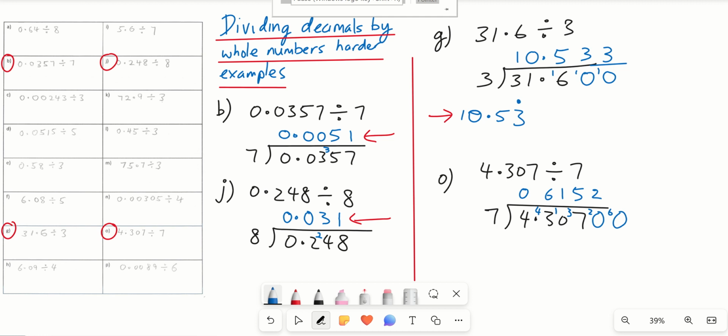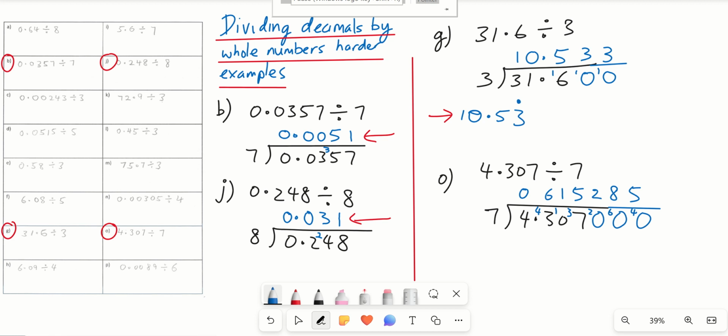And we know that 8 sevens is 56, which gives us a remainder of 4, which is combined with the 0 in the next column to form 40. And we know that 5 sevens go into 35. So what happens is this digit is going to continue.